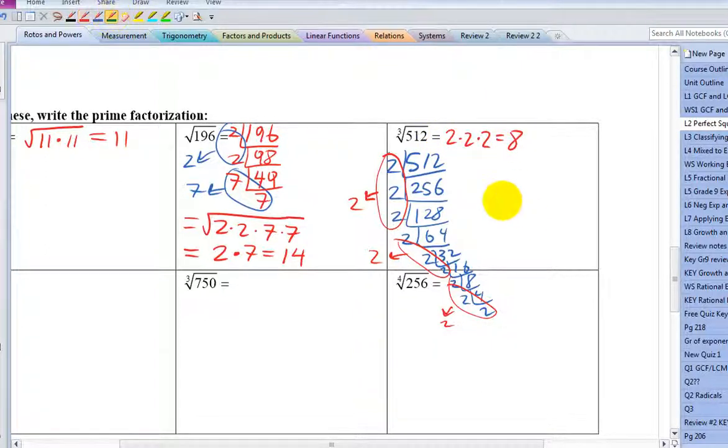Now, if you wanted to rewrite it, you're welcome to rewrite it. So if you rewrote it, that's what it would look like, and then you could circle or underline your triples.